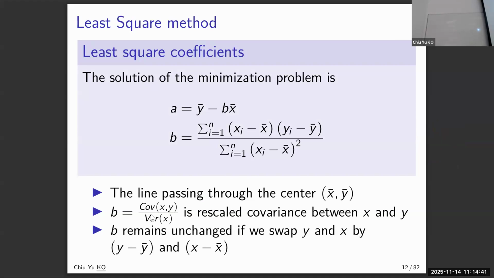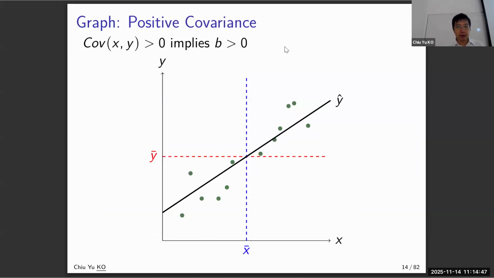If covariance is positive, B is positive, right? So this gives us the graph here. Because the best fit line must be passing through this, it cannot be negative, right?